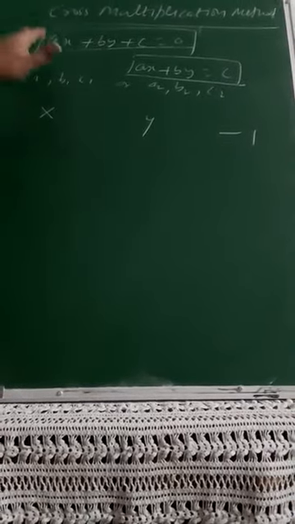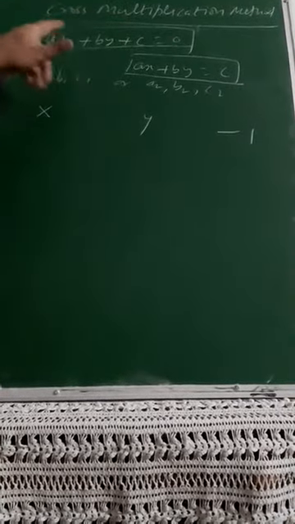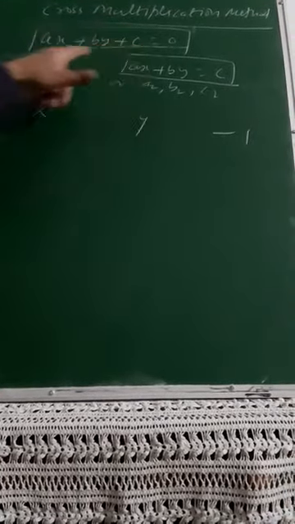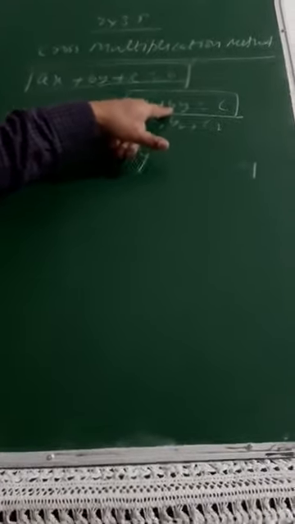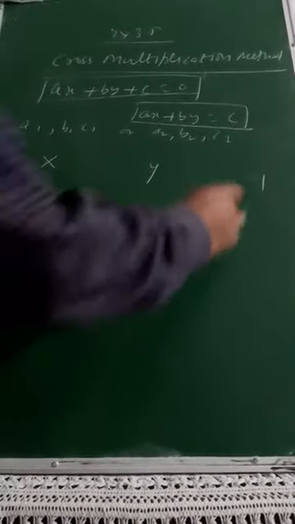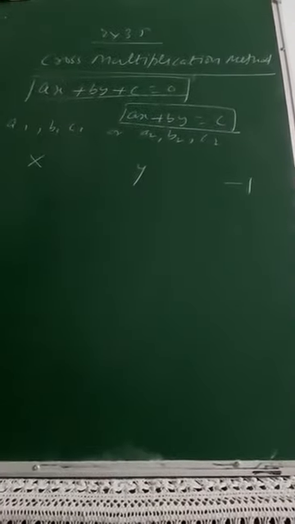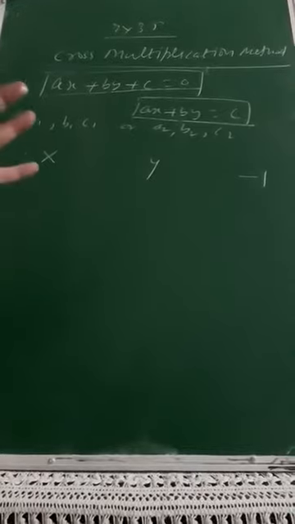So if your equation is written in that form, then this minus sign will not be there. But throughout the exercises, I have expressed all the equations in terms of ax plus by is equal to c, so here again I will follow the same. That's why I will be putting the sign of minus 1, because I need to shift the constant term to this side to make it equal to 0.